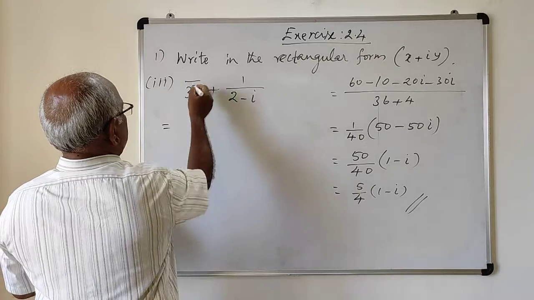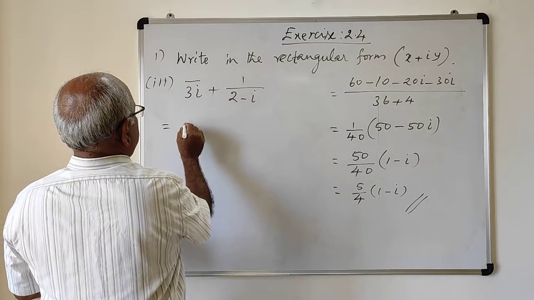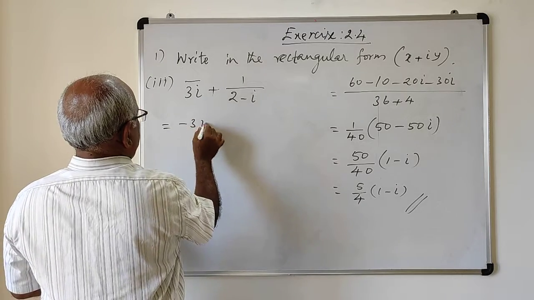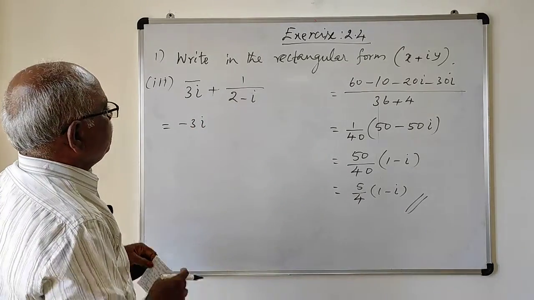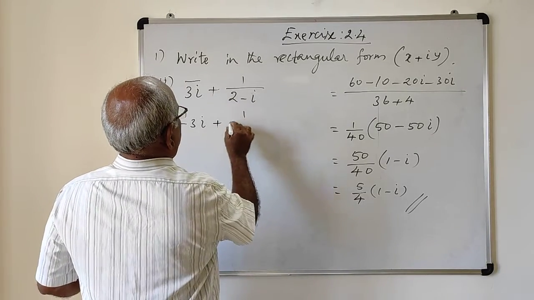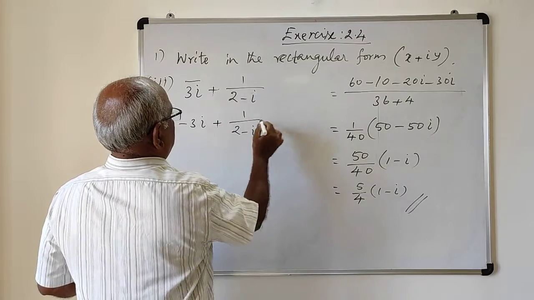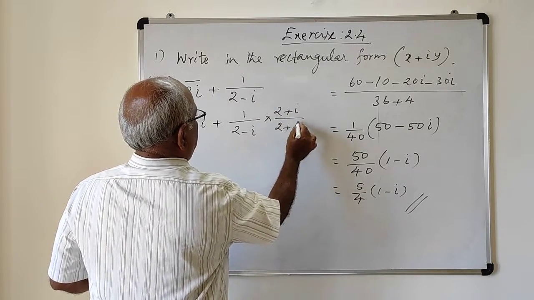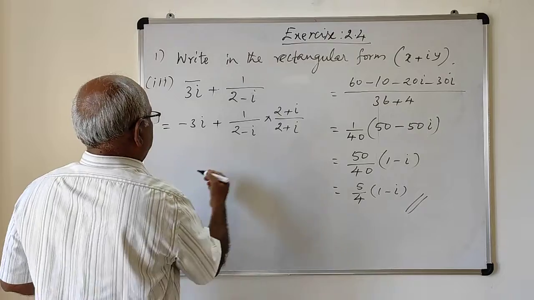The conjugate of 3i is minus 3i. Plus 1 by 2 minus i. To simplify this, you multiply by 2 plus i, the conjugate of the denominator.